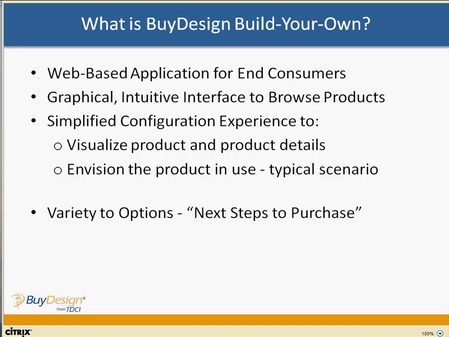Typically, Build Your Own is linked right off of your website. If anyone hits your corporate website and wants to learn more about your products, you might have an area where you say design your own, build your own. They investigate more about the products, and that launches into the Build Your Own application.